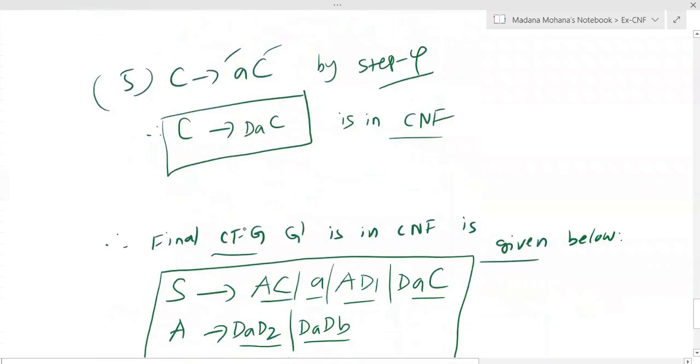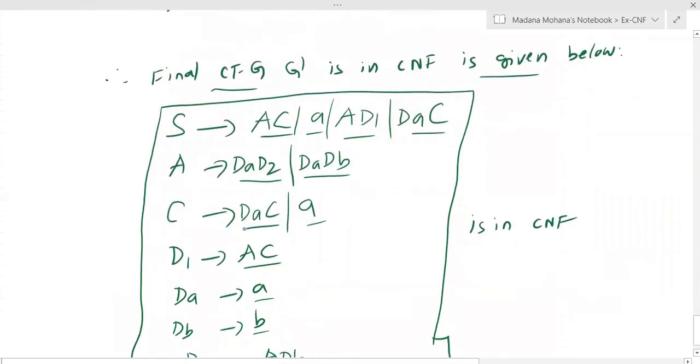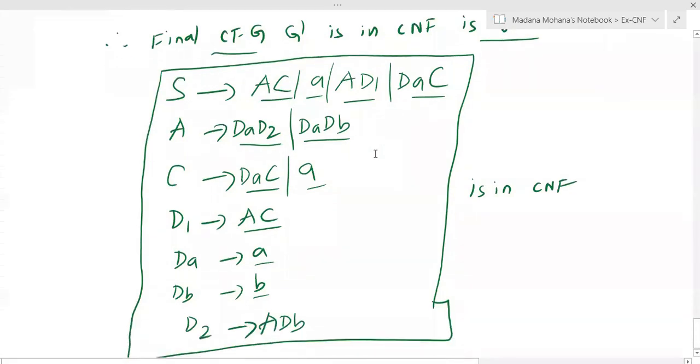Now, the final CFG G dash, which is in CNF, is given below. All productions represented in the rectangle box, starting with step 2, you can write down here in order. First, the S productions: S derives AC, or AD1, or DA C. AC is two variables length, or single terminal A, or AD1, two variables length, or DA C, two variables length.